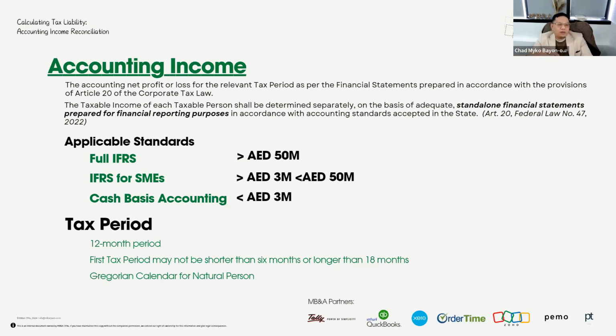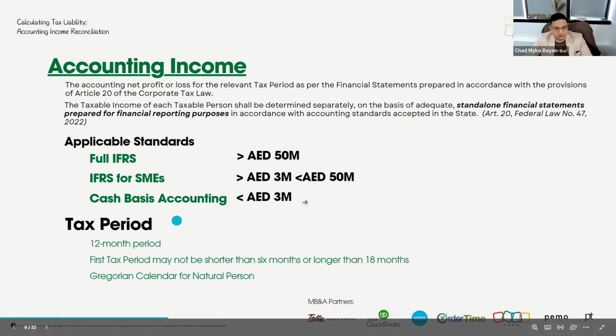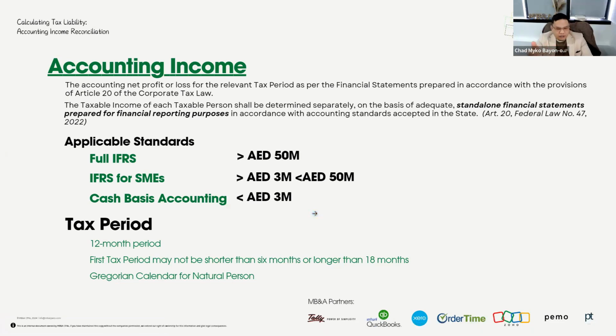If ever you will not be able to meet the revenue thresholds. So if ever your company is having a revenue of more than 50 million, first note that you have to have is you need to have audited financial statements. That's part of the requirements. Audited financial statements. If ever you have a revenue more than 50 million, and if ever you're a free zone, that's actually one of the requirements.